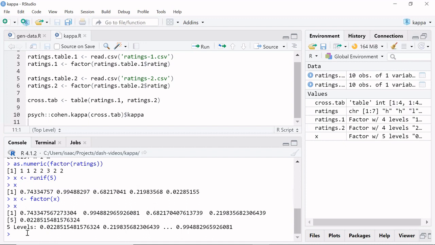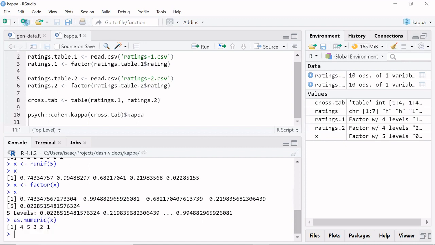And now let's say we want to convert x back into a vector of numbers rather than a factor. So let's use the as.numeric function. You can see that when we do this, what we get isn't the actual numerical values of x. Instead, what we get are the integers that are associated with each unique factor level. So we haven't recovered the actual numerical data that x represents.